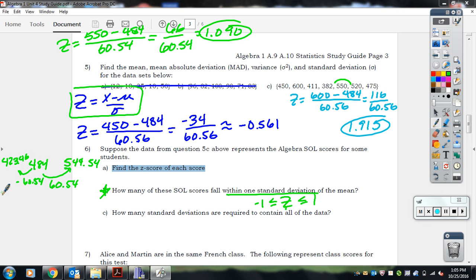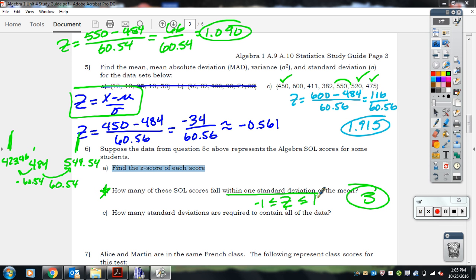So somewhere between those two in order for you to be within that range. So let's see. This one falls between 423 and 544. This one's too big. This one is too small. This one is also too small. This one's slightly too large. This one, 520, that fits in that range. And 475, that certainly falls within that range. So how many? 3 of them fall within that range.